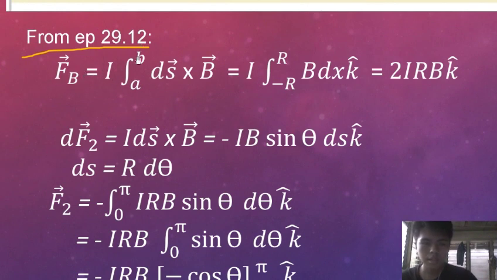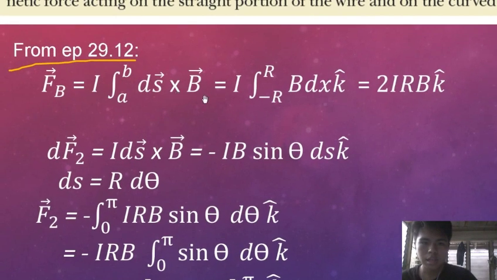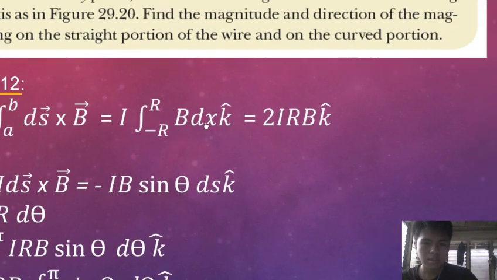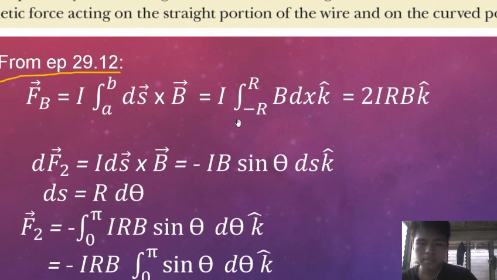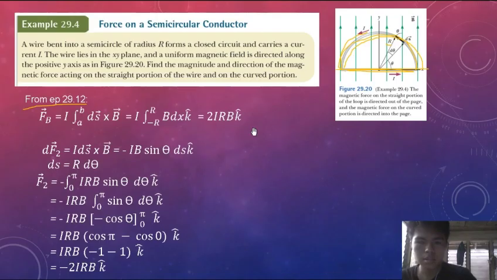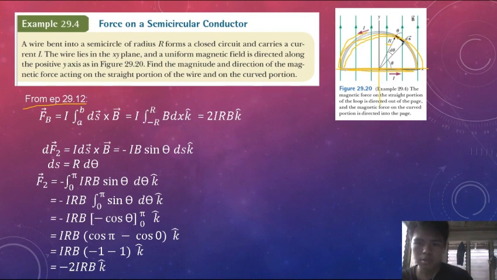The magnetic force equals I times the integral from a to b of ds times magnetic field B, and that equals current I with the upper limit of R and the lower limit of negative R. Since the lower limit is negative, B dx k equals 2IRB k. So this equals 2IRB k, and this is the magnetic force on the straight portion.